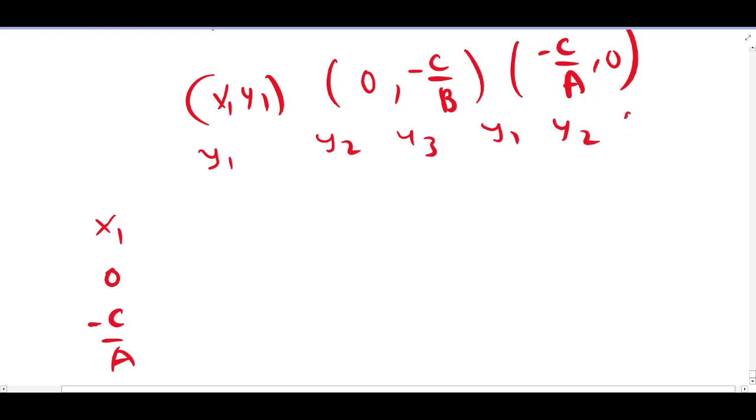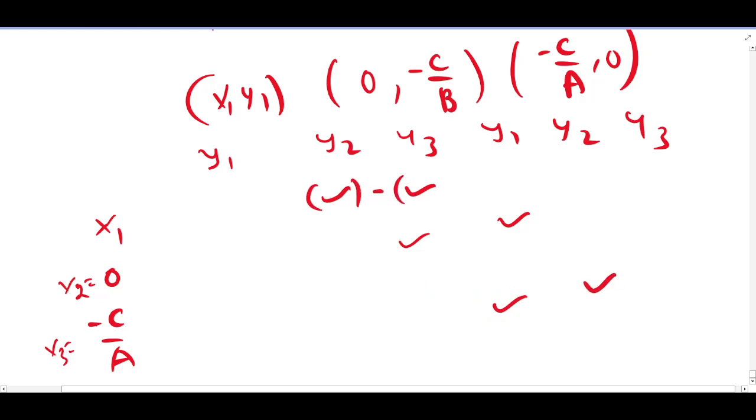For x1 we take the difference of y2 and y3, for x2 the difference of y3 and y1, and for x3 the difference of y1 and y2.